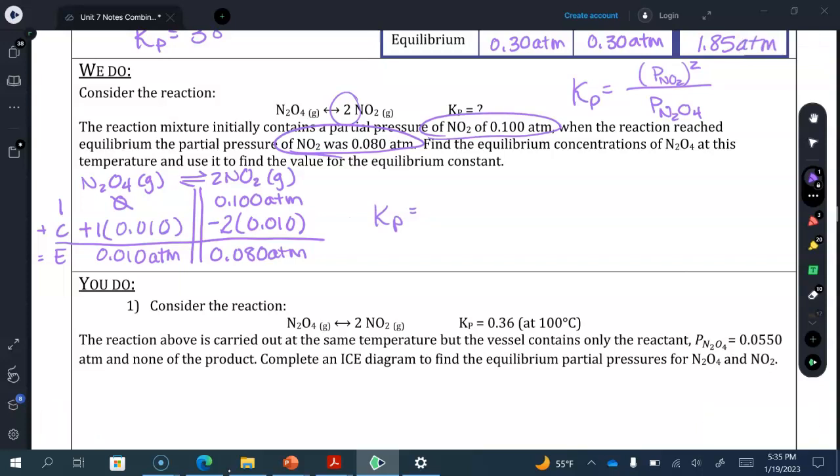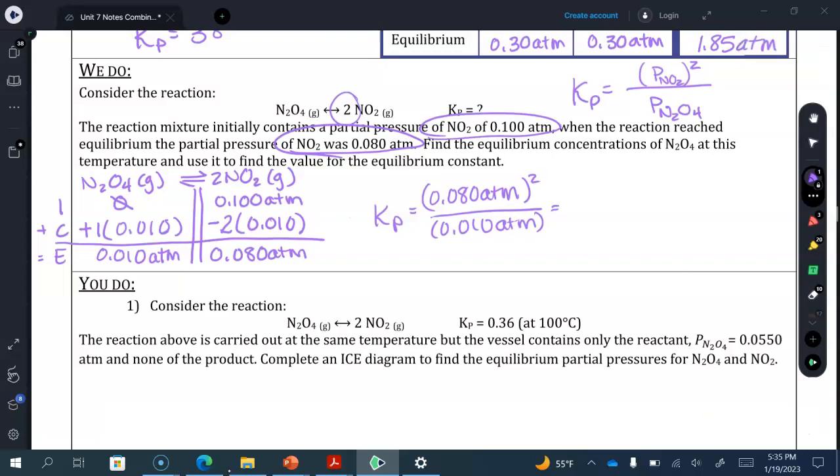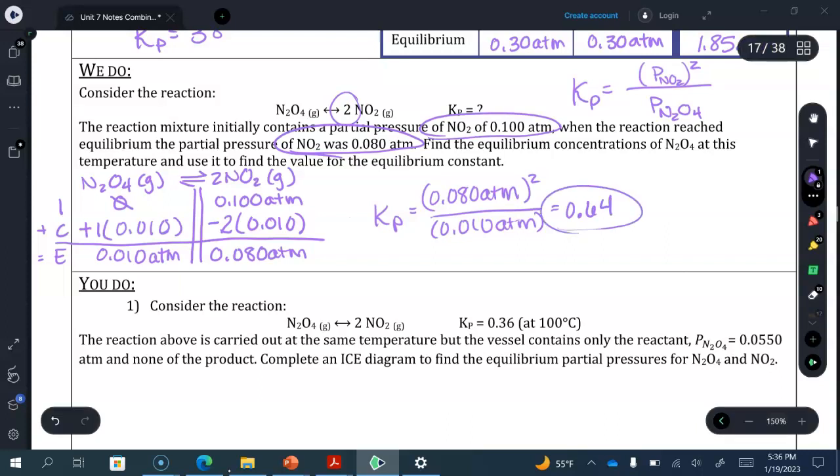I plug in the product, 0.080 atm squared, over my reactant, which is 0.010 atm, not squared because it has a coefficient of 1. Solving for this, I get 0.64 for my equilibrium constant.